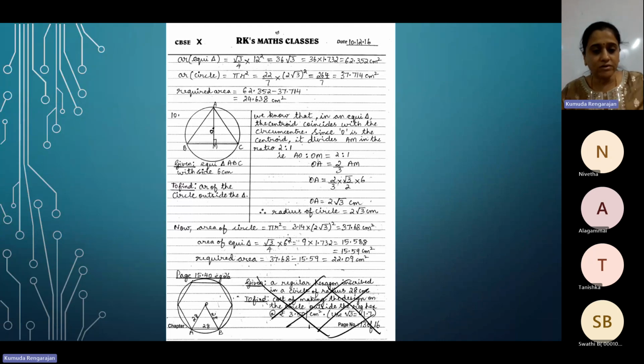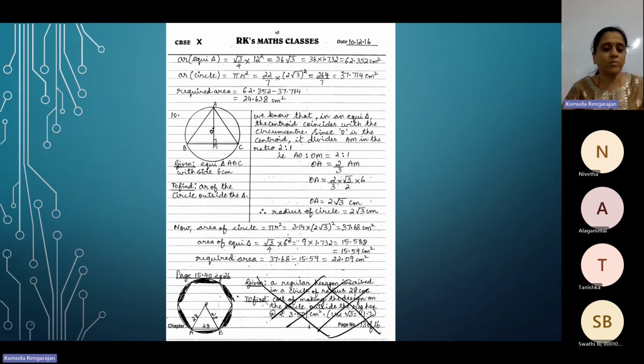You should not find the area of the full circle. So these are the portions of the circle outside the hexagon. You must find this, which is clearly the area of the circle minus the area of the hexagon.